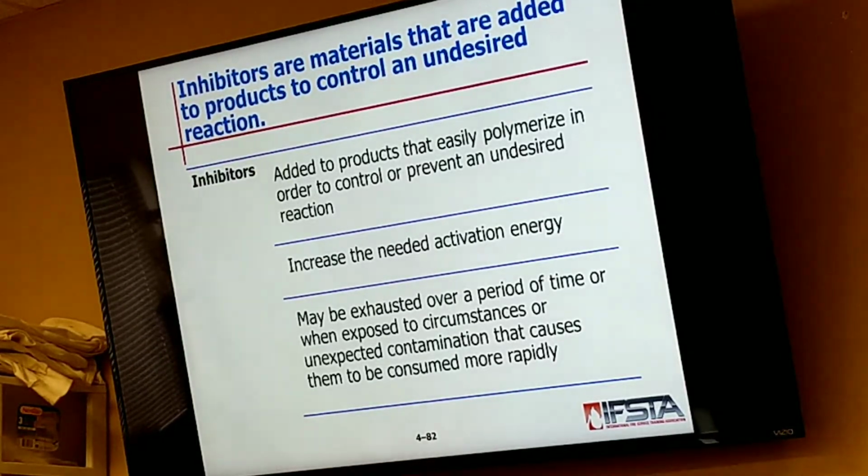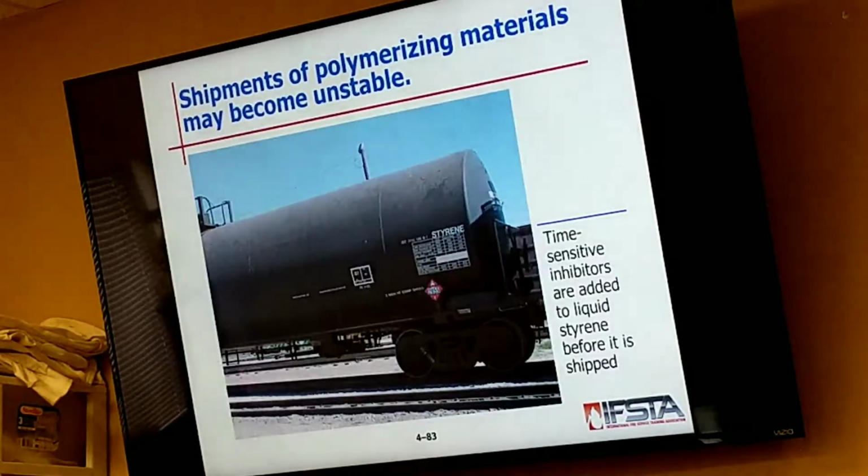These inhibitors need activation to get energy out. They may be exhausted over a period of time, and when exposed to circumstances or unexpected contamination that causes them to be consumed more rapidly... You see a lot of this stuff going down rail.